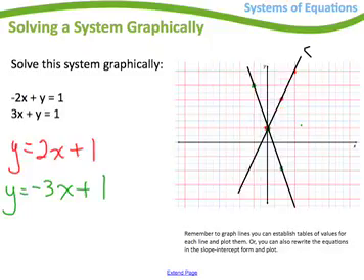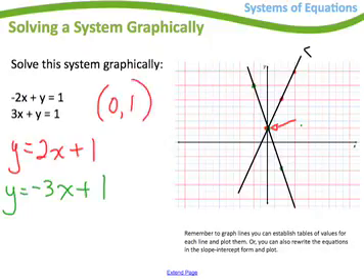So the question says solve this system. Or in other words, I have two equations and I want to know where they cross. So in this case, these two linear equations cross right there at that point. So graphically, I can see that the solution to that system is the point (0, 1).